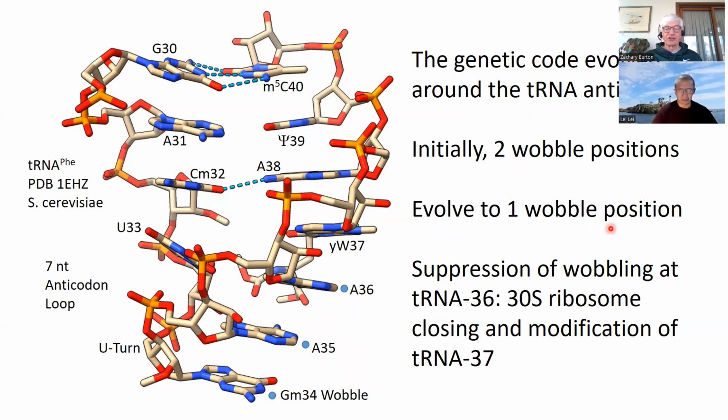And then you suppress wobbling here, so you evolved to one wobble position. Suppression of wobbling there involves 30S ribosome conformational closing, which enforces Watson-Crick geometry there. And then also heavy modification of the 37 base, which is part of the reading of the 36 base.